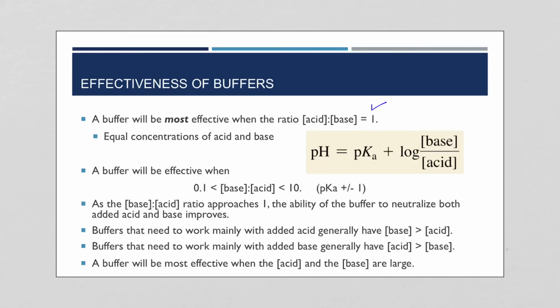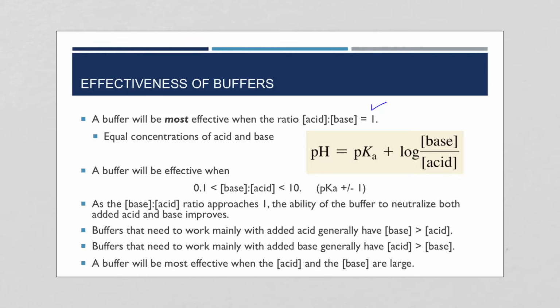And so with that in mind, a buffer can be effective with an acid to base, or base to acid, however you want to think about it, ratio of between 0.1 and 10. So essentially what that means is we can have up to 10 times as much acid as base or 10 times as much base as acid.